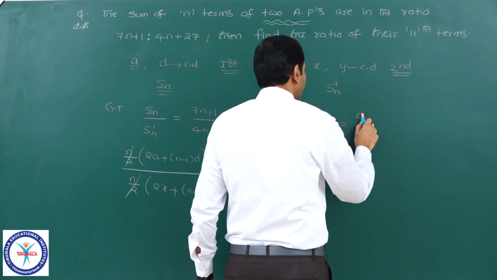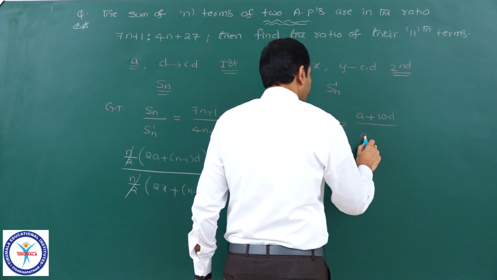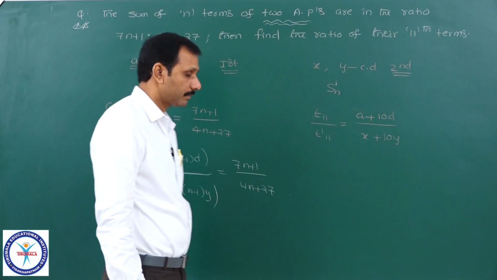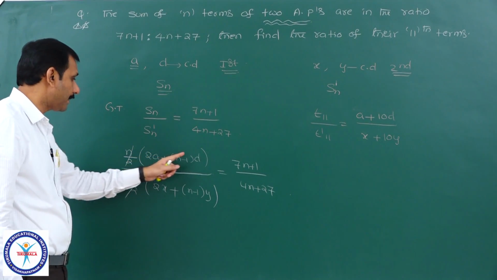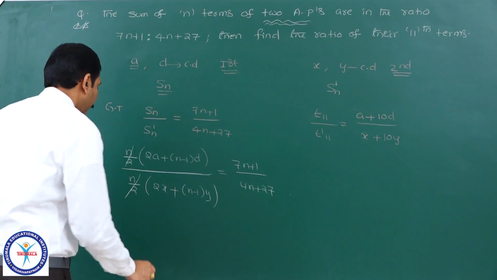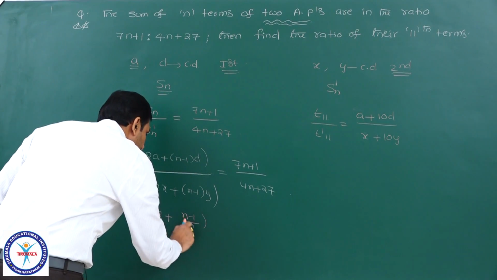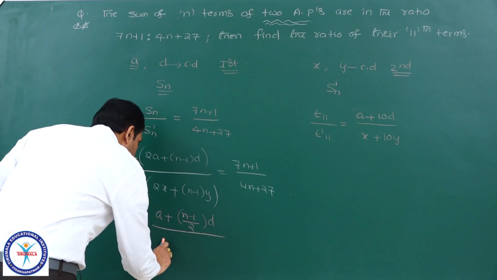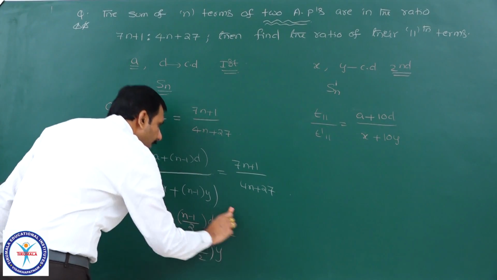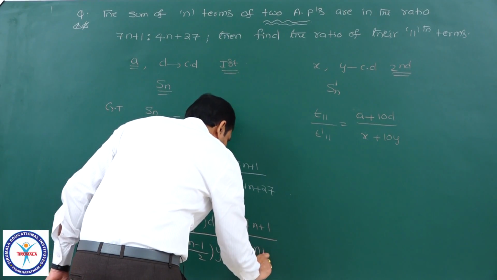T11 is A plus 10D and T prime 11 is X plus 10Y. Whereas I have the ratio (2A plus (n minus 1) into D) by (2x plus (n minus 1) into y). I will divide by 2: (A plus ((n minus 1) by 2) into D) by (x plus ((n minus 1) by 2) into y) equal to (7n plus 1) by (4n plus 27).